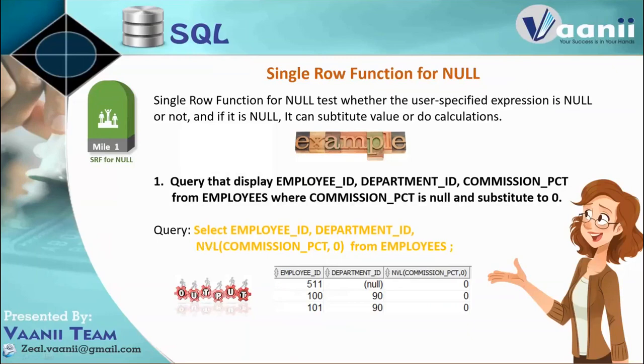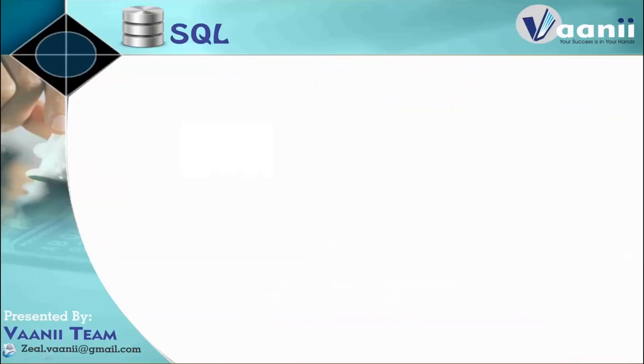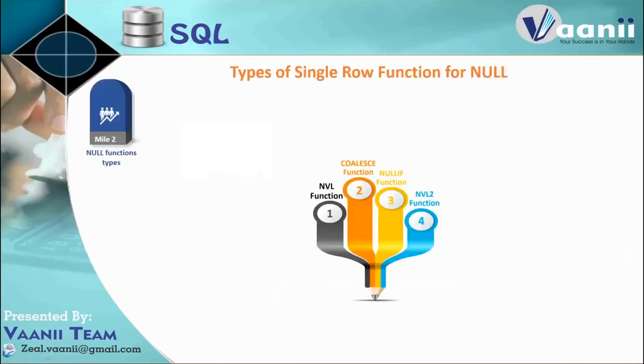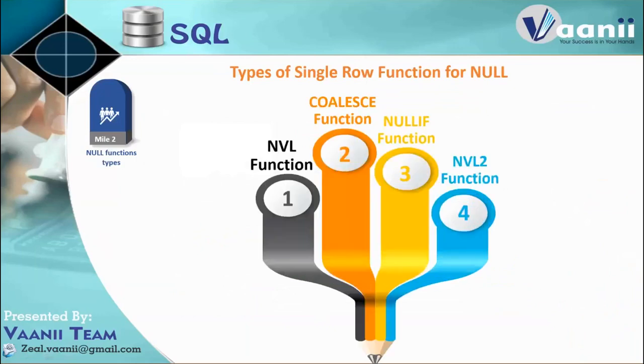NVL, the column name, and if it is null, then what you want to substitute. So you can see here 0. So if the commission is null, 0 will be substituted for that row. Let's move forward and see what functions we have here. So we have the NVL function, COALESCE, NULLIF, and NVL2.